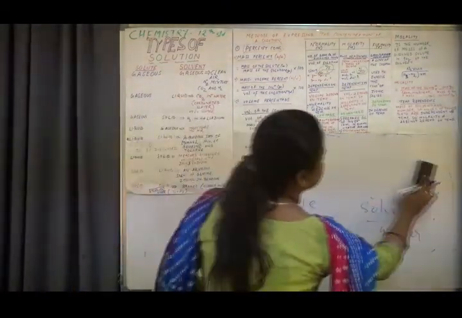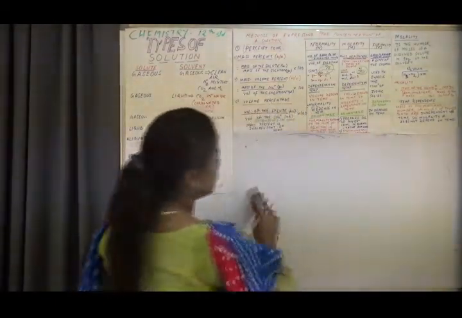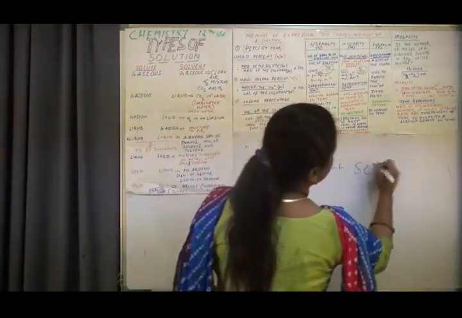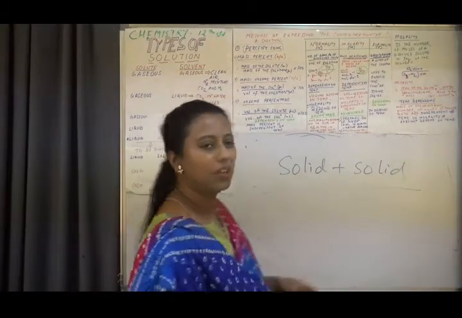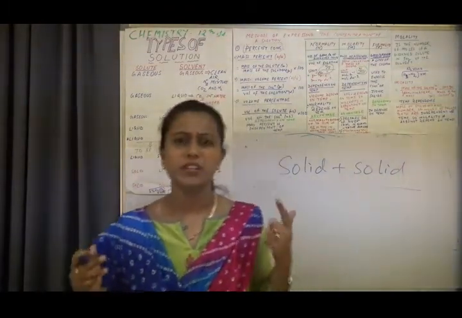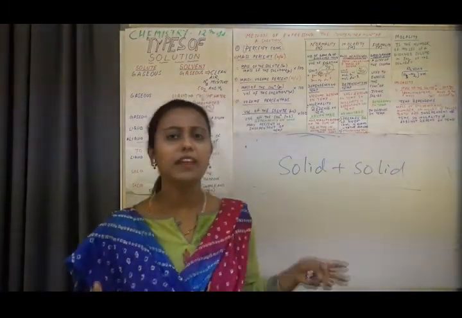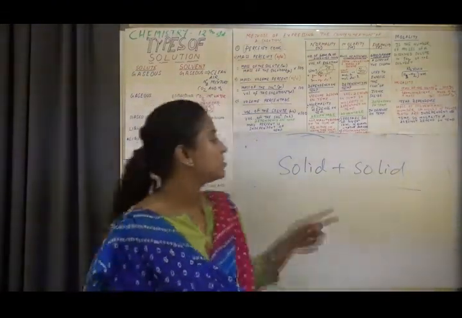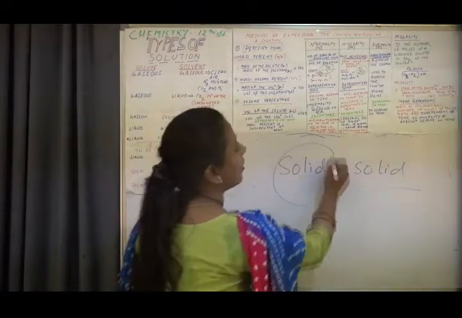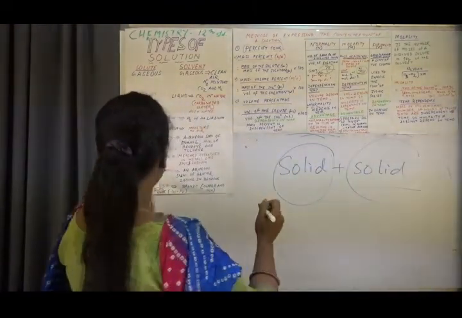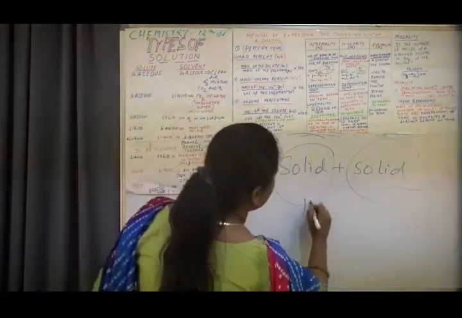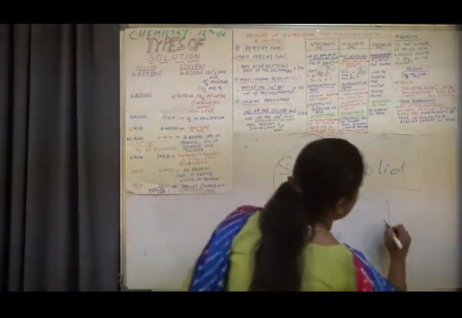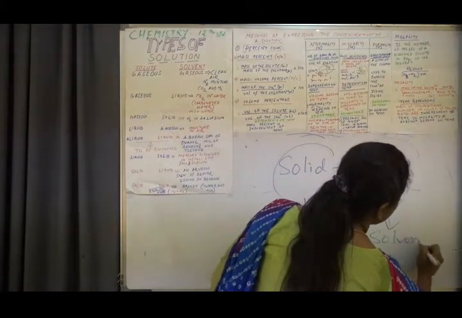And another very uncommon one is solid plus solid. When the word solution comes to our mind, we think that it is a liquid, but this is not the fact. Solution can be formed with solid and solid. In this case, the solute is a solid as well as the solvent is also a solid.